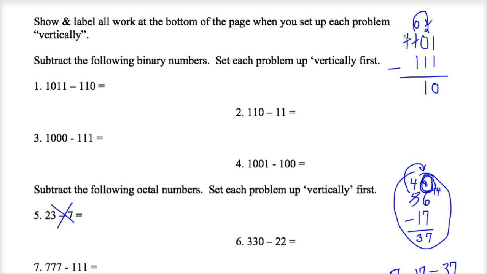So you cross that 1 out, bump it down to 0, you borrow a group of 2, and that 2 minus this 1 is 1. And of course, 0 minus the imaginary 0 there is 0. So your final answer can be written this way, or you could just write it as 110. That exercise, 1101 minus 111, has the answer 110.